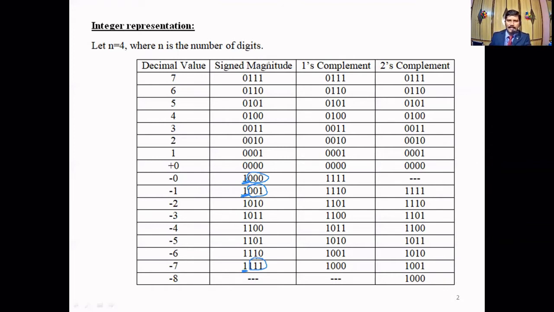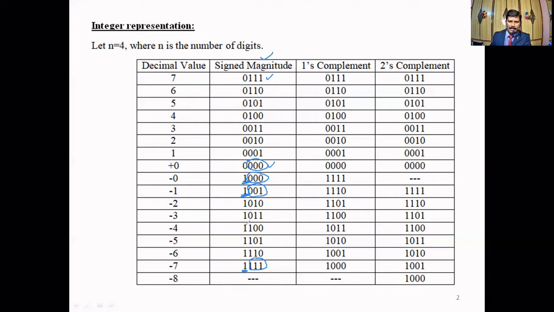So in sign magnitude, the MSB is the sign bit and the remaining 3 bits are the magnitude. That's why it is called sign magnitude. Because the magnitude is 3 bits, the maximum range we can represent is 000 to 111. So that is about sign magnitude.